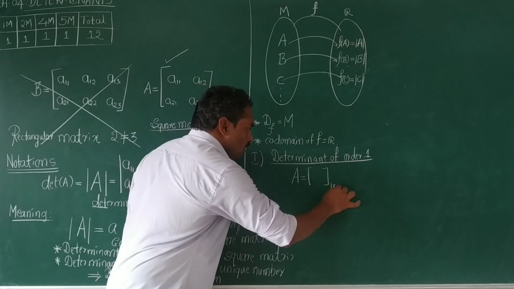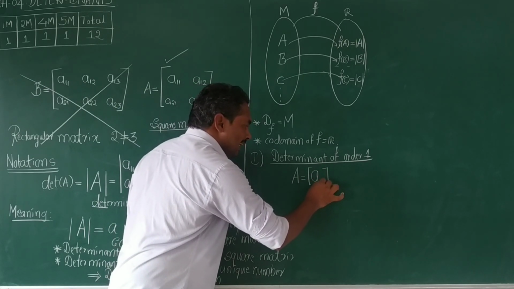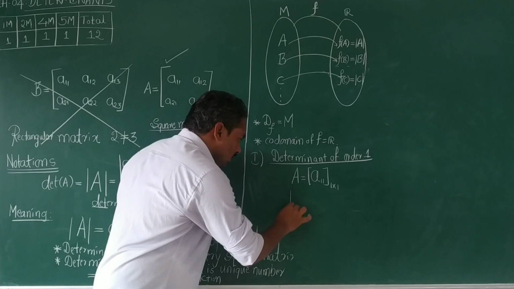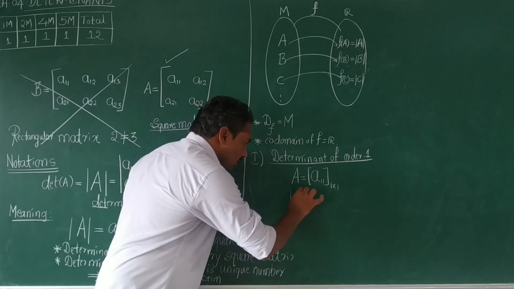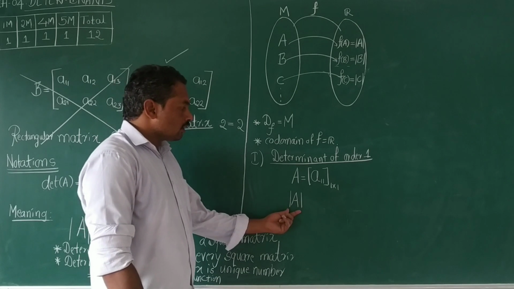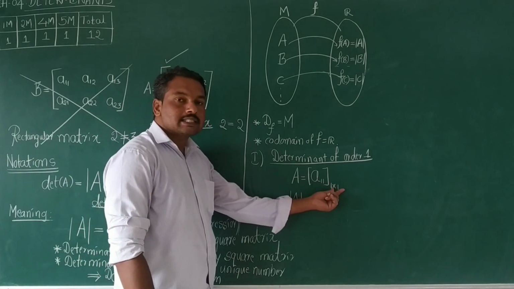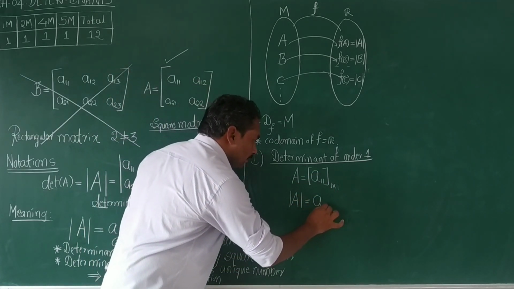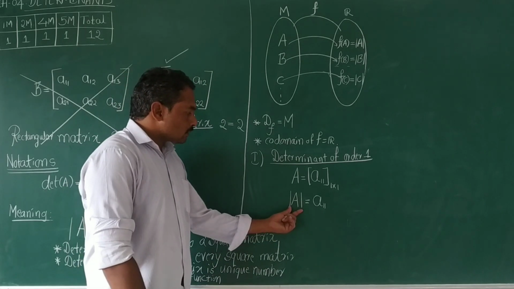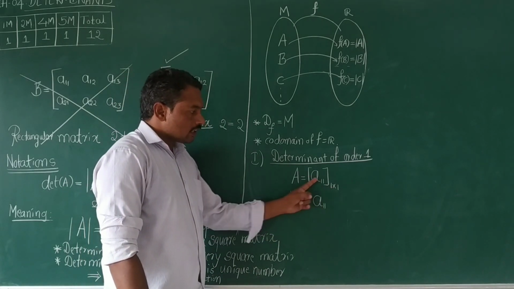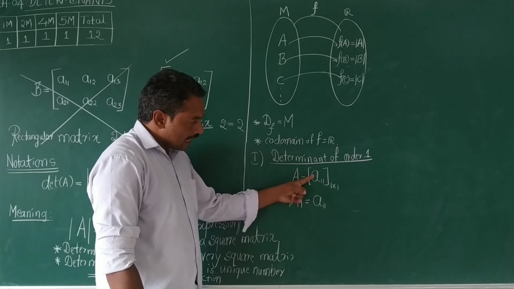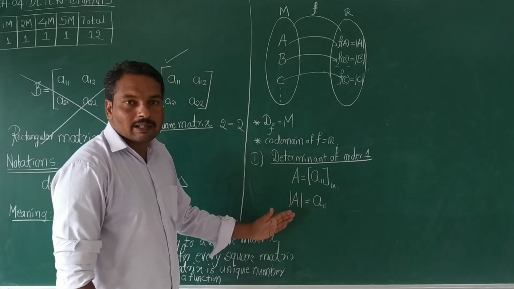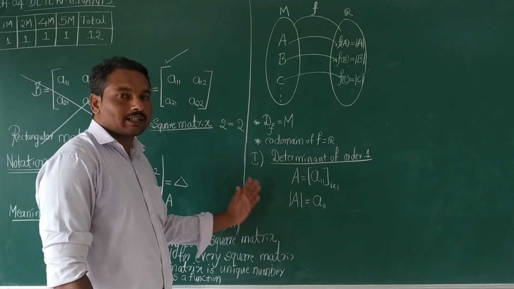It has only one row and only one column, therefore there is only one element in that matrix. The corresponding determinant is denoted by this symbol, and the determinant of a square matrix of order 1 is defined as the element present inside itself. So that element is known as the determinant of that square matrix itself.